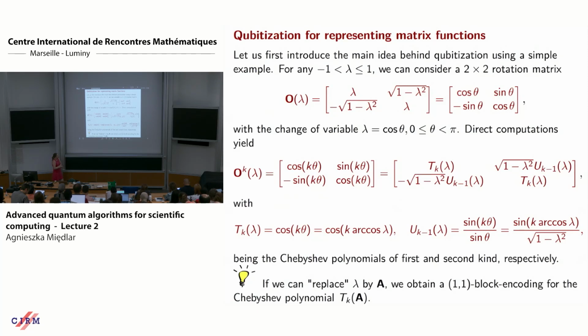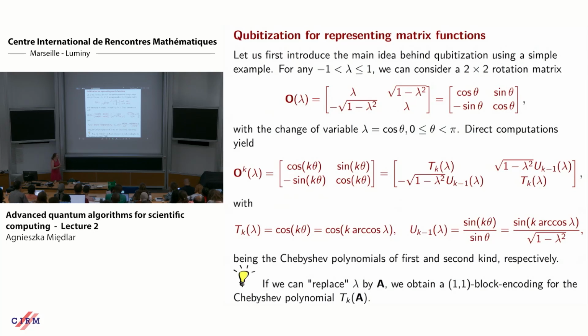So the goal for us is, I said, we want to evaluate functions of matrices. In particular, we want to evaluate the polynomial of a matrix, and I want a Chebyshev polynomial. So my goal at the end is to have here the kth Chebyshev polynomial applied to A. Not a scalar lambda, but a matrix.